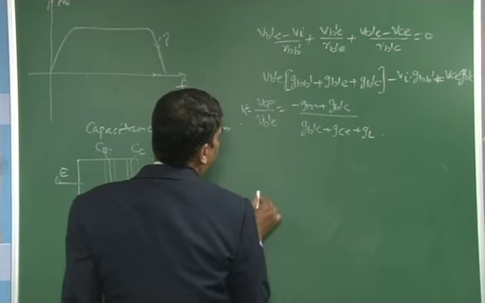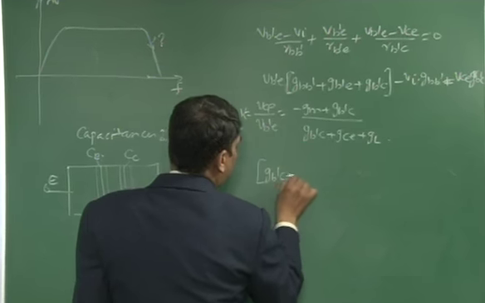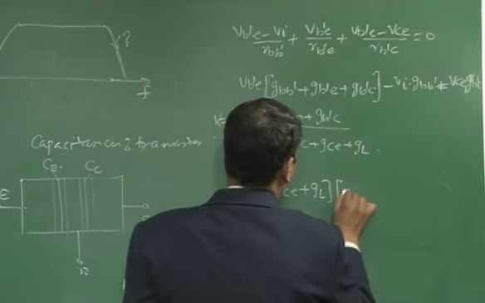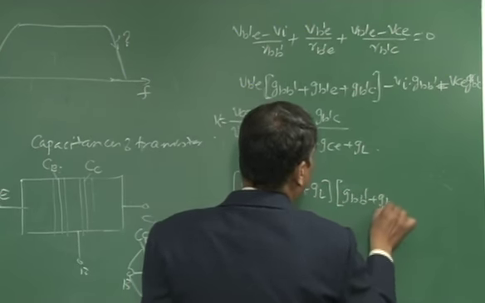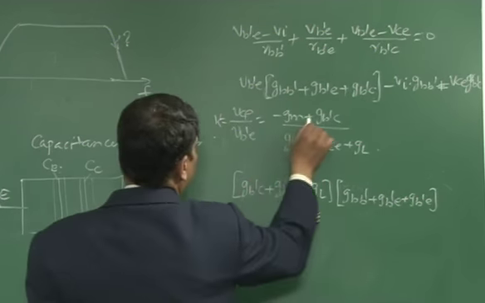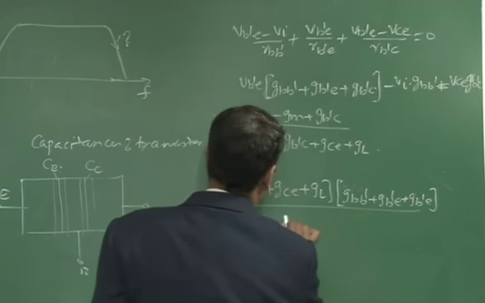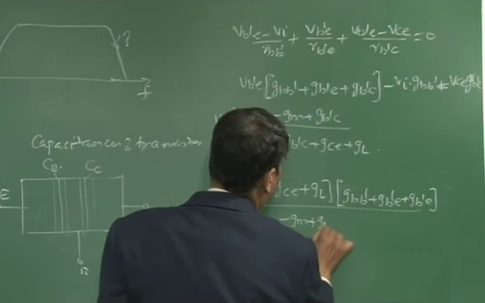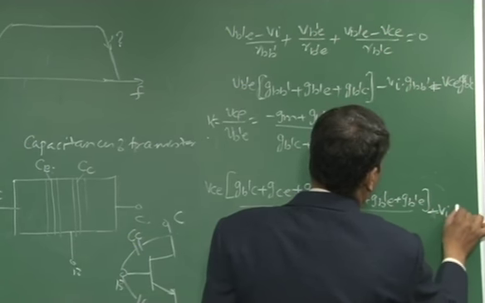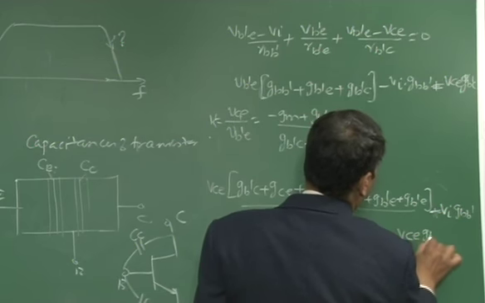Substituting into this VB dash E, you are going to get GB dash C plus GCE plus GL into GBB dash plus GB dash E plus GB dash C, into VCE divided by minus GM plus GB dash C, minus VI GBB dash equal to VCE GB dash C.